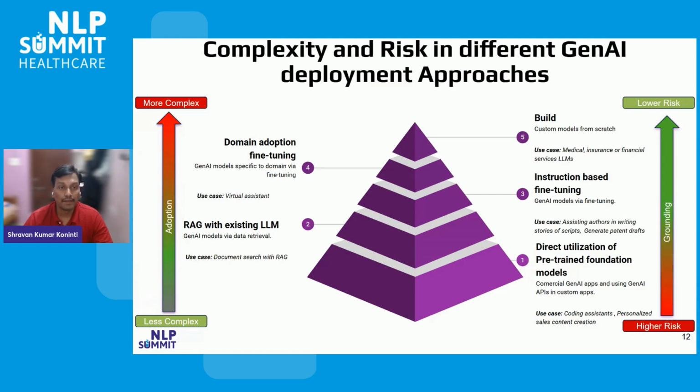And then the RAG solution comes up, and then we can have instruction-based fine-tuning and domain adoption, and you can build your own model from scratch. So basically, if you look at the risk side of things, if you have a pre-trained model, there is a higher risk. But if you develop your own model from scratch within your organization, because you set your own boundaries and you have your own governance rules and all, it is a much lower risk, I would say.